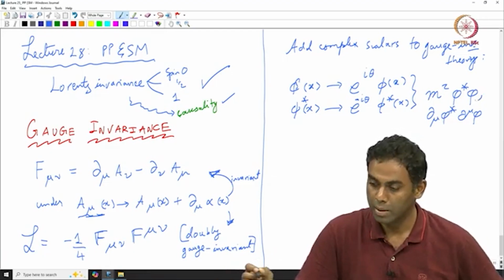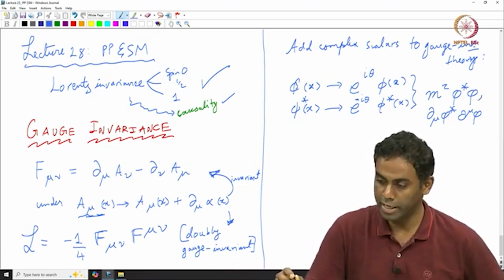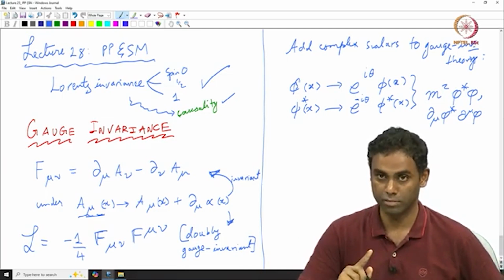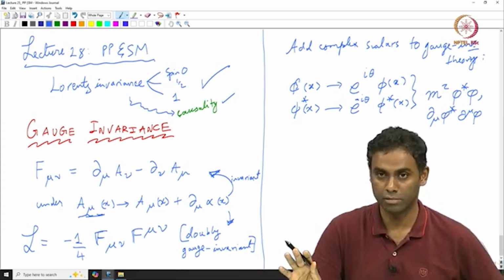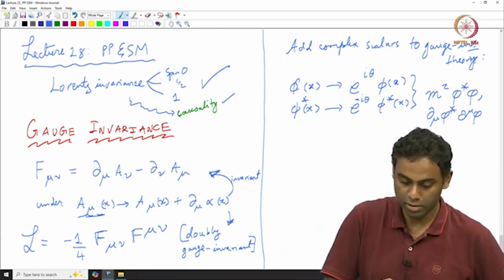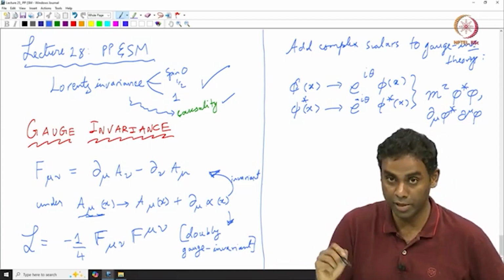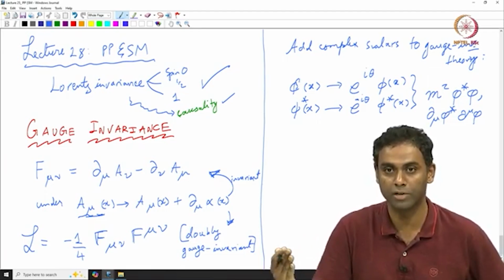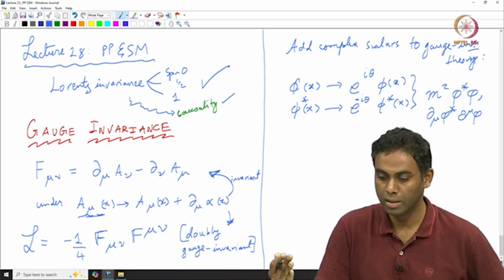But necessarily, gauge invariance means I cannot just do this, I need to have a local transformation. This is not a gauge invariant theory, because I need to make sure that there is a redundancy in the field description. Here if it is just one theta, it is not a redundancy in field description, it is just some rephasing, correct.